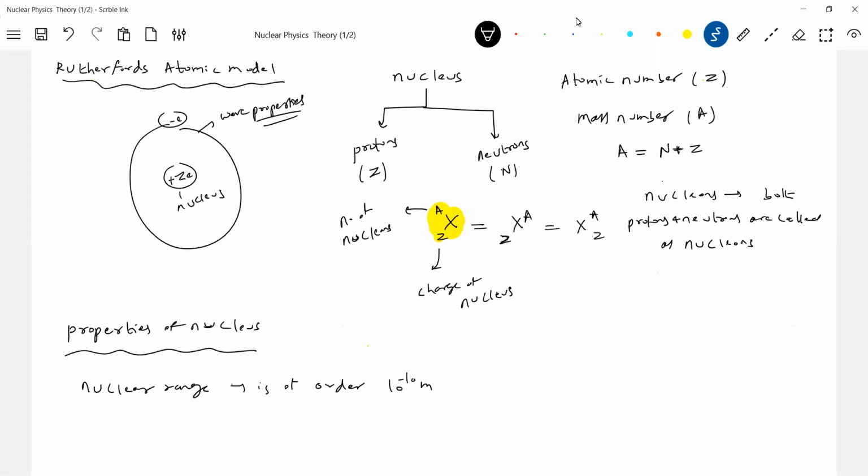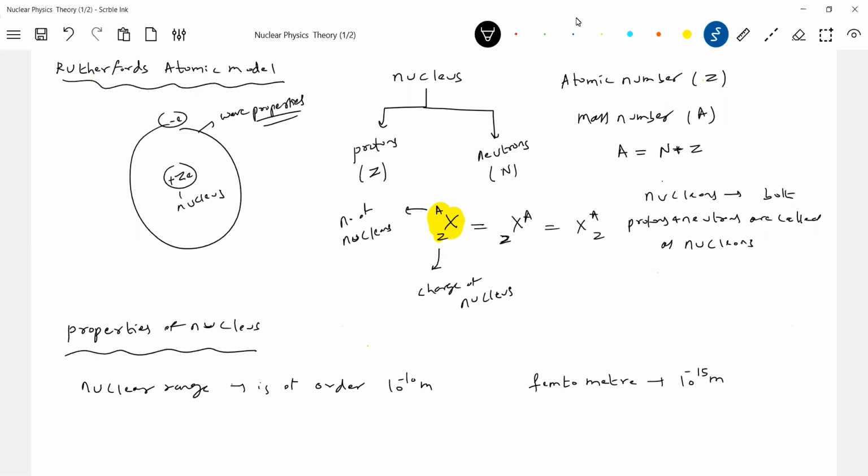To measure such small distances, we introduce a quantity called a femtometer. So this is equal to how much? 10 to the power of minus 15 meter.